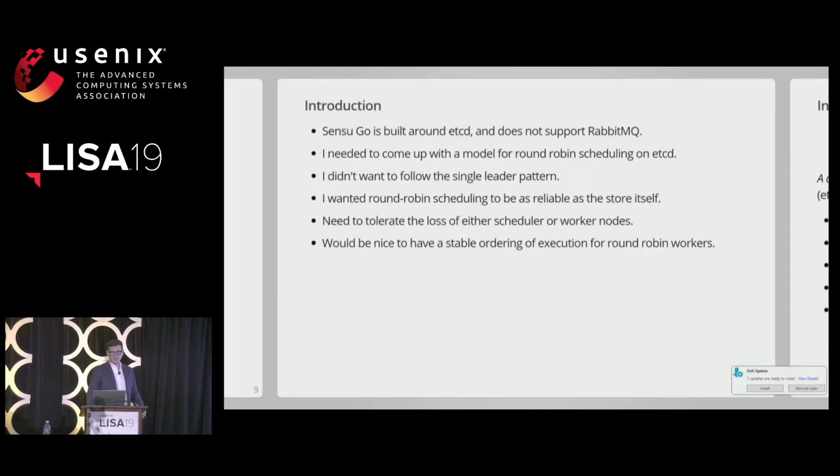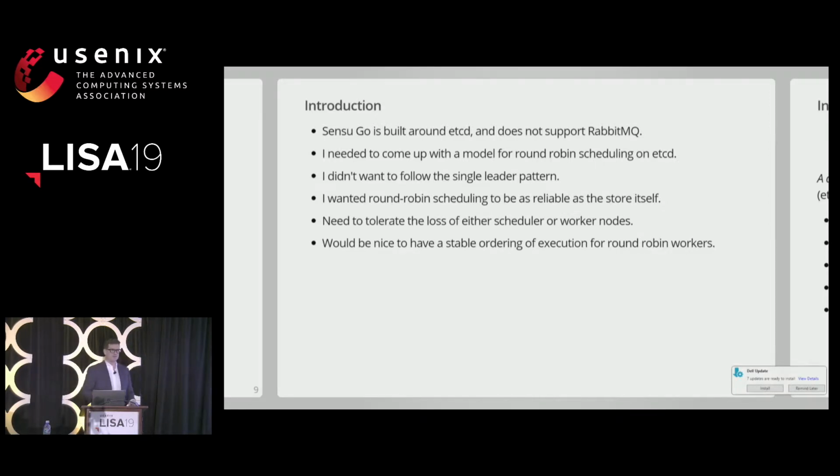One of the things I wanted to make sure I didn't do this time around was follow the single leader pattern, where one node would be responsible for coordinating the round robin, because the failure scenarios were difficult to deal with.